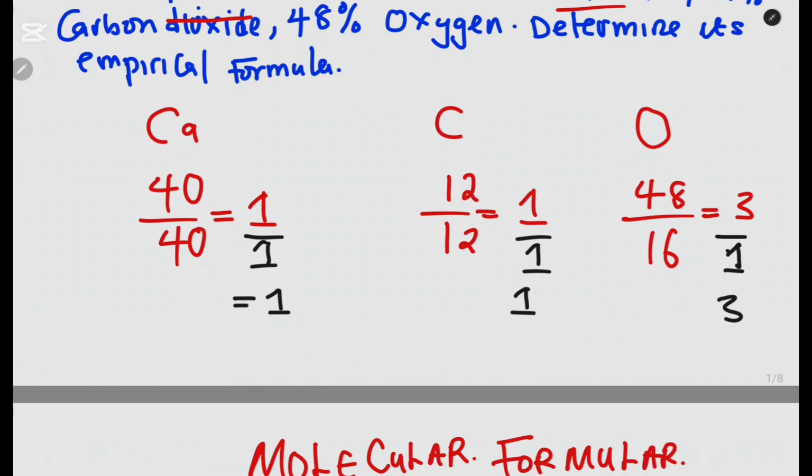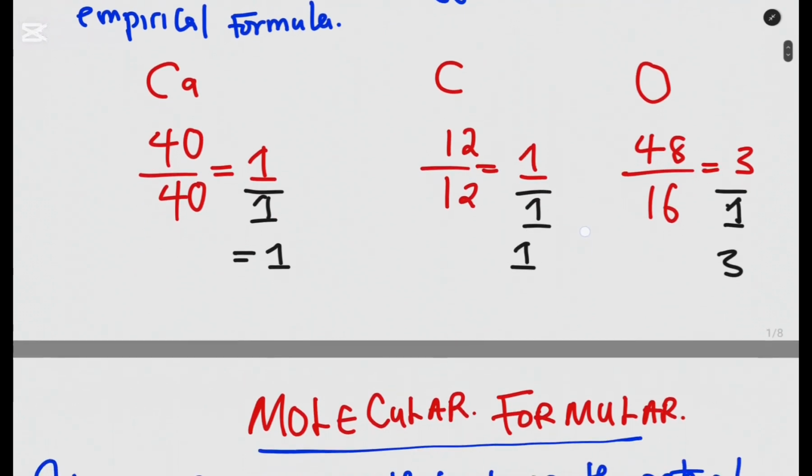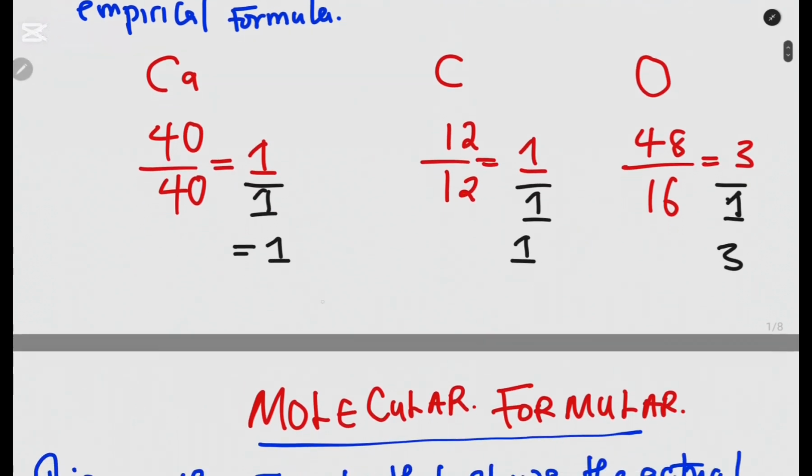So now finally, we can write the empirical formula of this compound that contains 40% calcium, 12% carbon, and 48% oxygen. It is going to be written as calcium, there's just 1, then carbon, there's 1, then oxygen, which is 3. So now these ones do not even count.